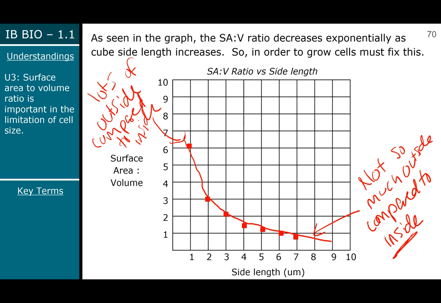If your insides get very, very big, the math says that your outside doesn't get big at the same rate. So you're not going to be able to get enough materials in and out through that door. So this is why cells stay small, because that surface area to volume ratio is important. They need to be able to get enough materials in and out to maintain life, those metabolic processes, right? So it's important that their insides don't get too big compared to their outsides.